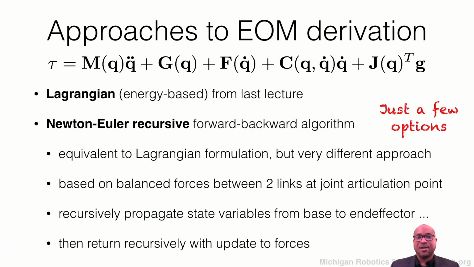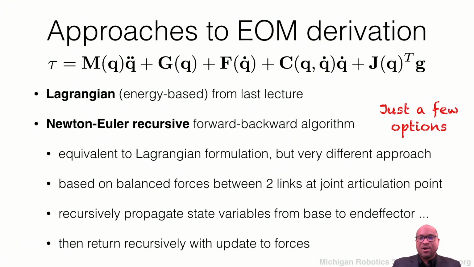The one that usually comes up, and is in the Spong book, is the Newton-Euler recursion. It turns out that the Newton-Euler recursion is equivalent to the Lagrangian formulation, but it's a very different approach. Instead of being energy based, it's basically on knowing that you have balanced forces at your joints.